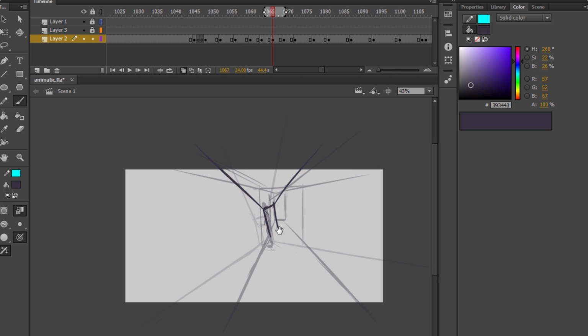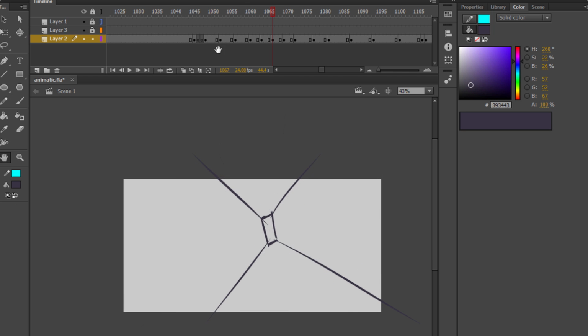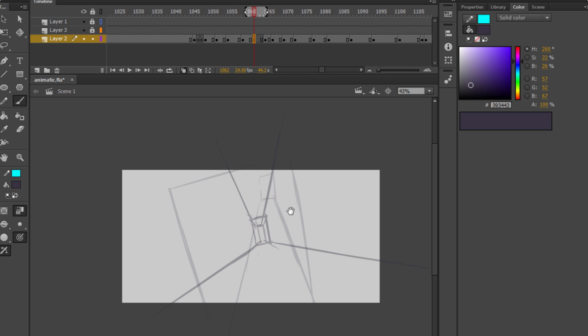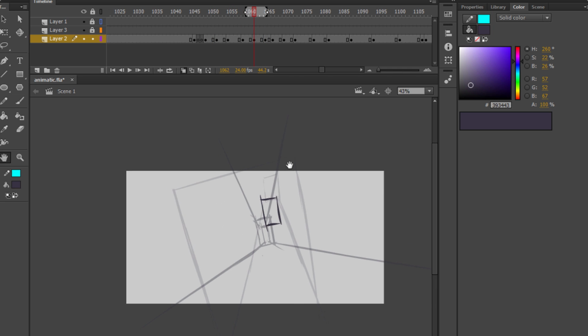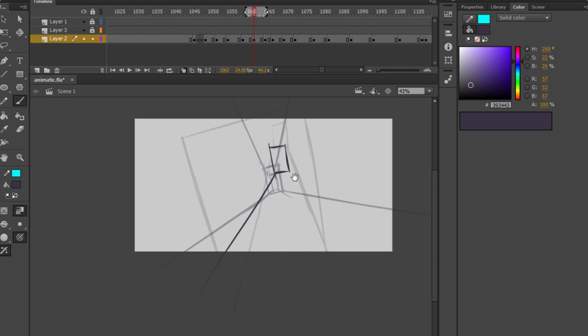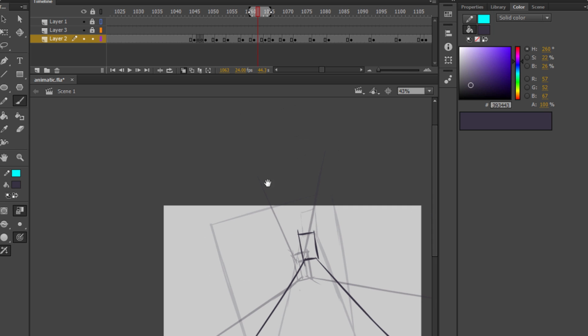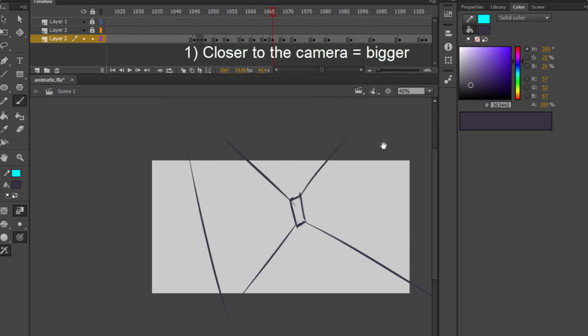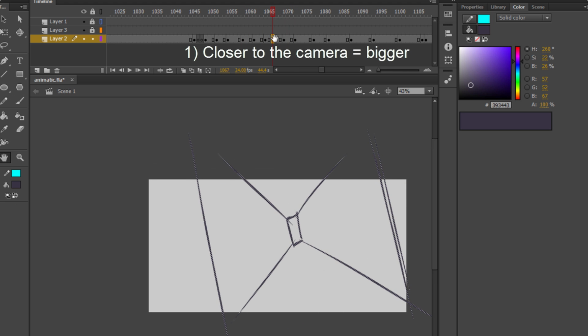But the rules in animation that I use when drawing man-made structures like this and animating them, I have three different ways of thinking, which I try and have at the front of my mind when going into a scene like this. So the first one is a very easy principle: things are bigger when they are close to the camera.